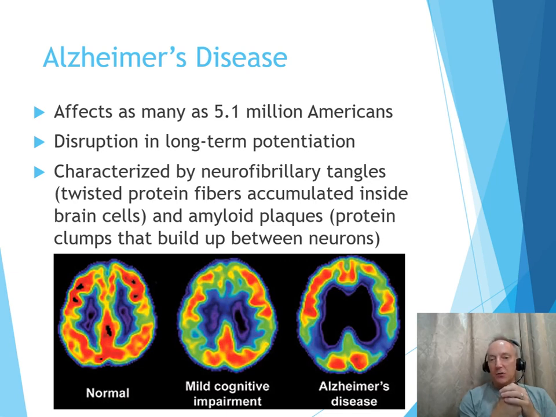It is a neurodegenerative disease, meaning it's going to get progressively worse. And what happens in Alzheimer's is you start growing things in the brain that don't belong there. Neurofibrillary tangles and amyloid plaques that are results of proteins clumping up and getting in the way of those synapses sending efficient messages to one another.